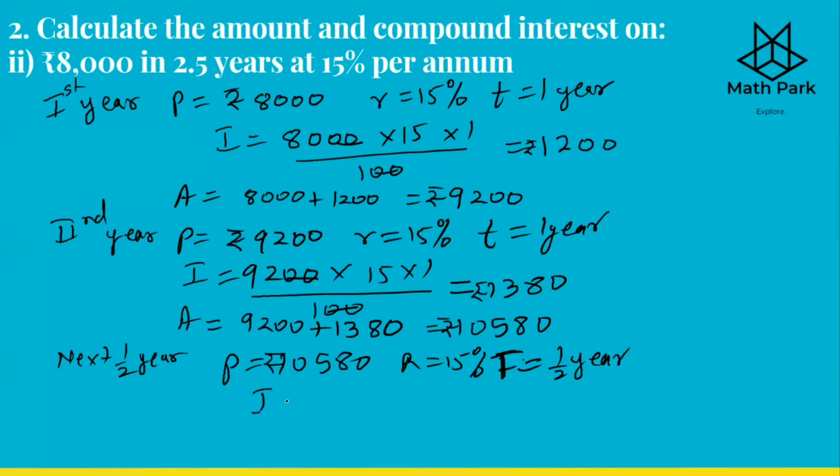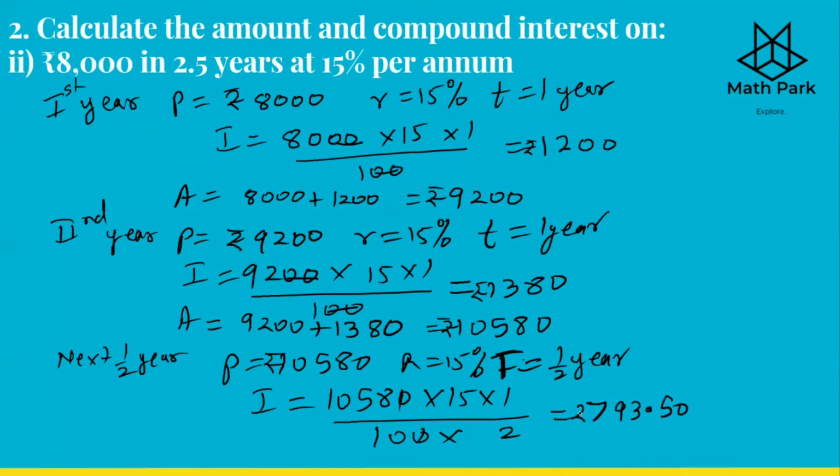So the interest is equal to 10,580 into 15 into 1 upon 2, and then this 100 was already there. Simplify this: 105.8 multiplied by 7.5. On doing that, we get 793 rupees and 50 paisa, which is your interest.